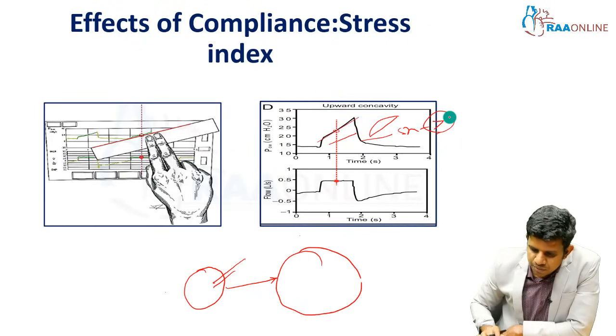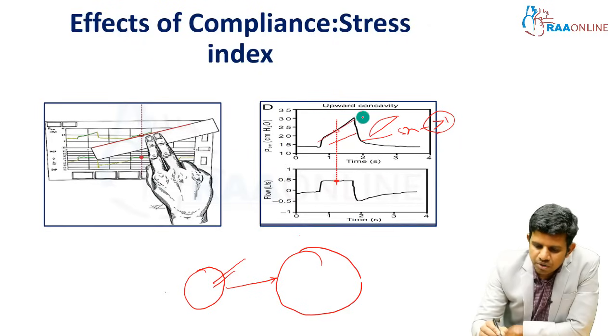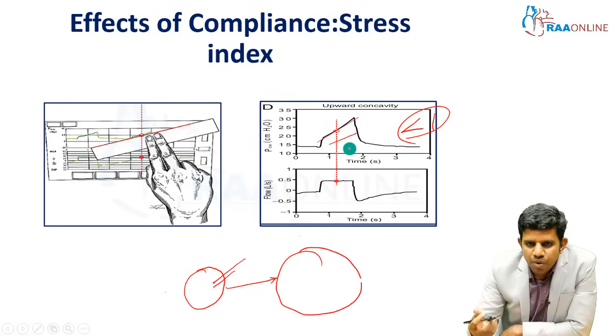If it is the other way around, an upward concavity, the stress index is less than 1, which means that during inspiration new alveoli are opening, recruitment is happening, and there are a lot of partially collapsed alveoli.